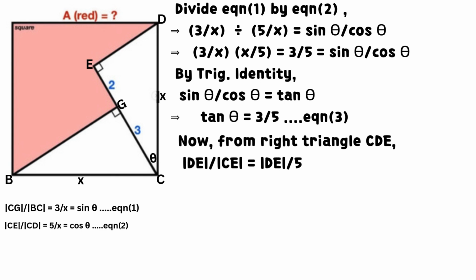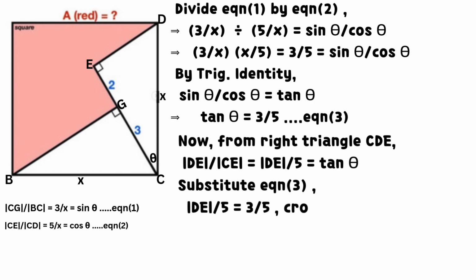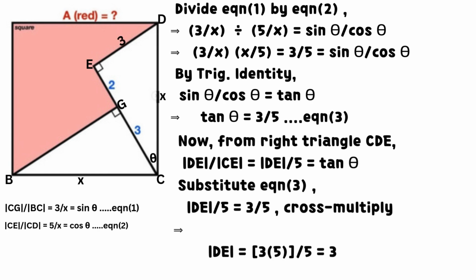Now, from right triangle CDE, length of line DE divided by length of line CE equals length of line DE divided by 5, which equals tan theta. Substitute equation 3. Length of line DE divided by 5 equals 3 divided by 5.